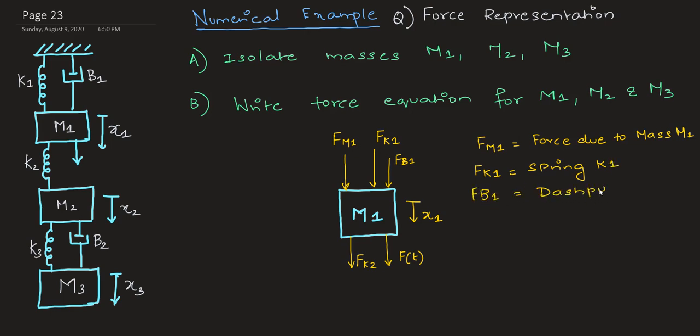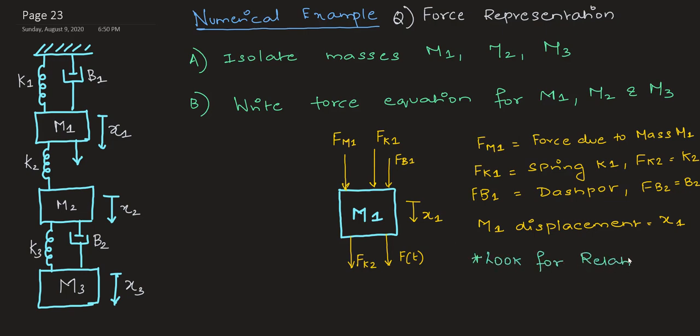Now I'm going to write the net equation, showing the full form of what is acting on m1. So m1 is your isolated mass.